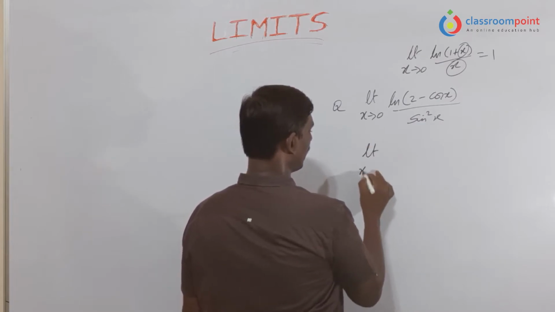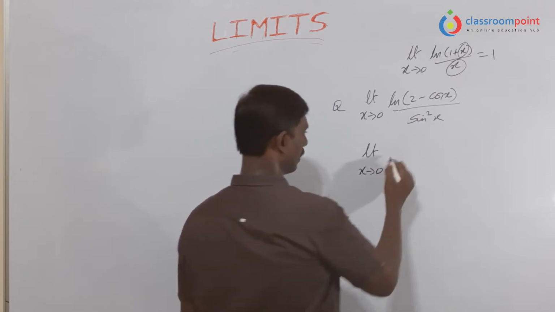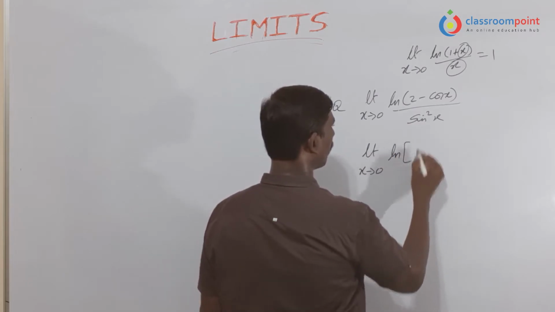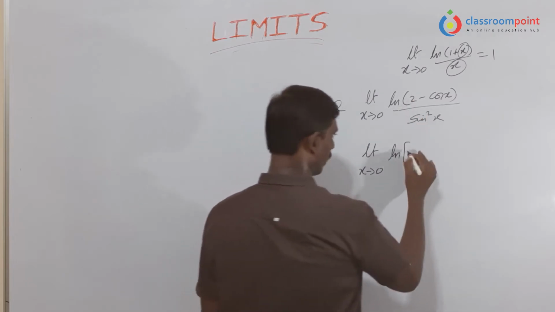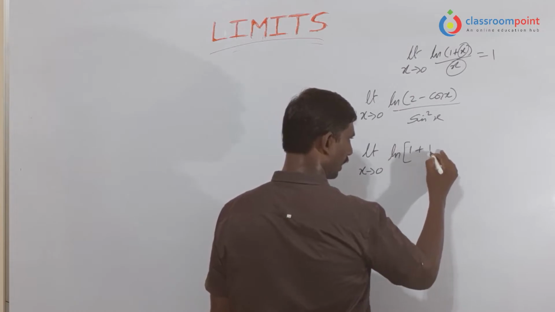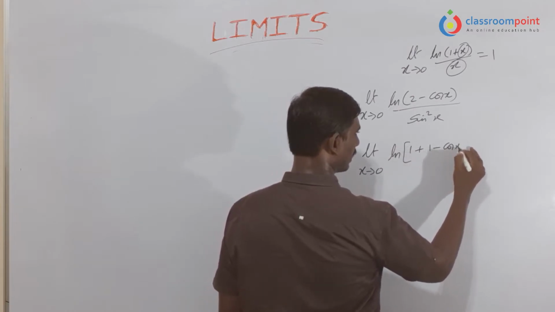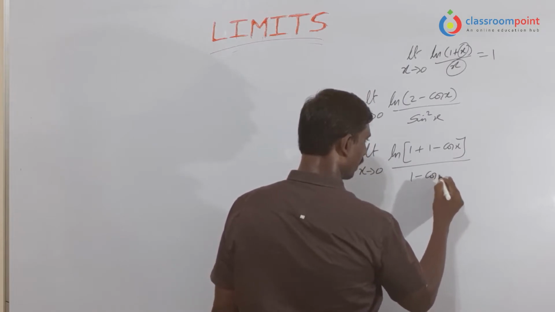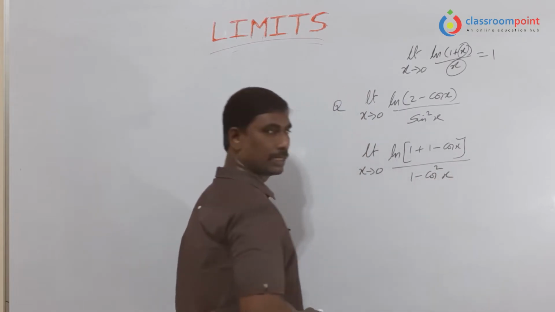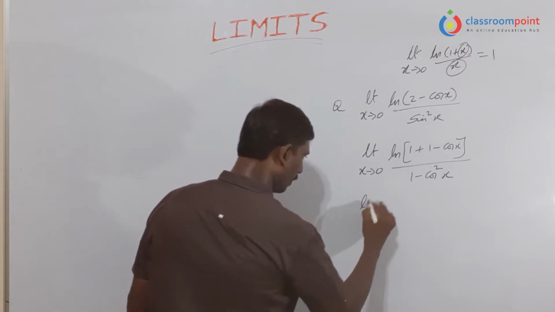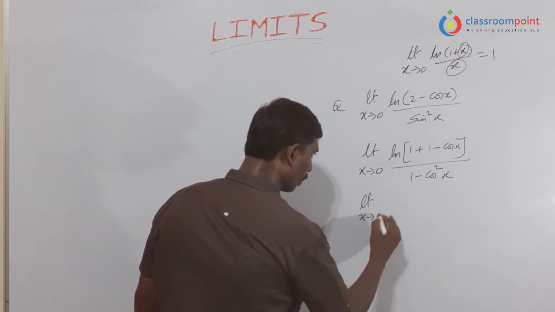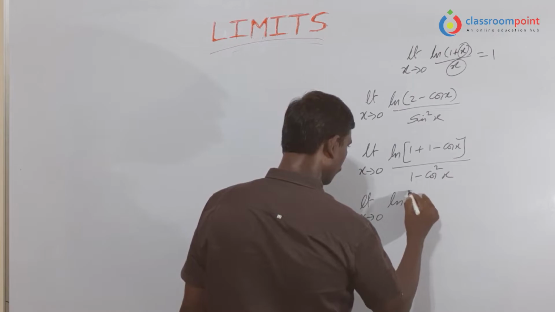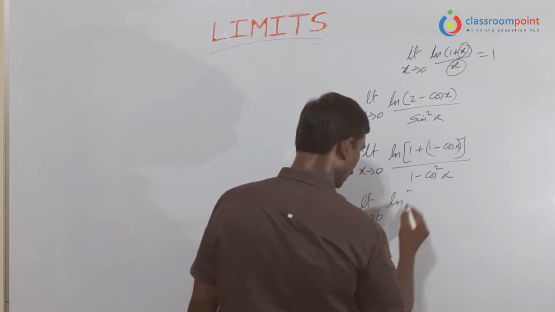Limit x tends to 0, ln of 2 can be written as 1 plus 1 minus cos x as it is, by sin square written as 1 minus cos square x. Now, limit x tends to 0, ln of this is one of the parts.